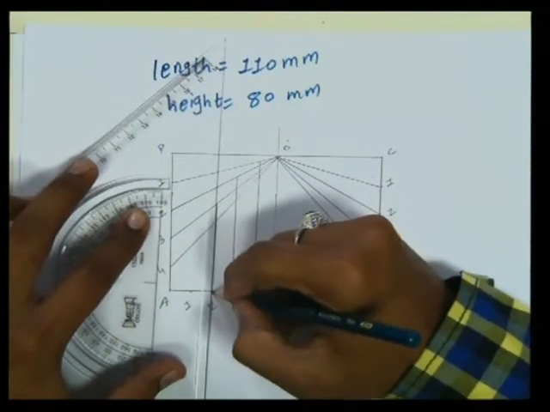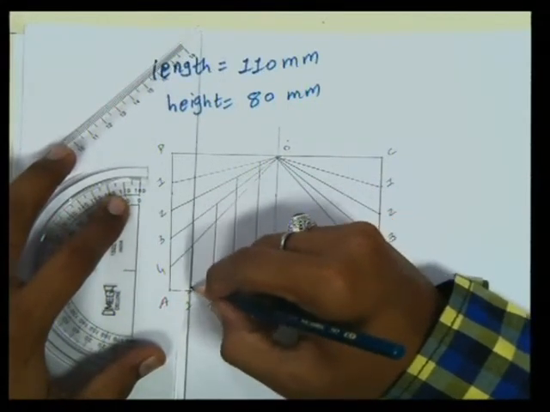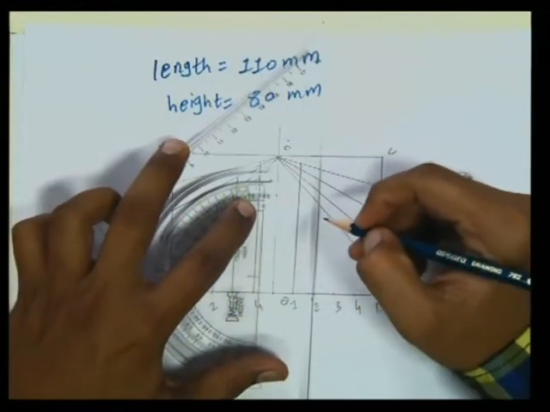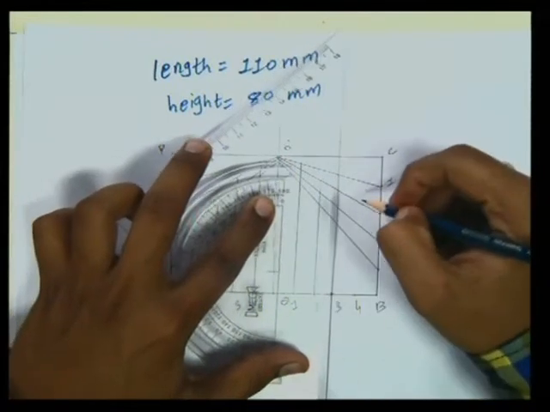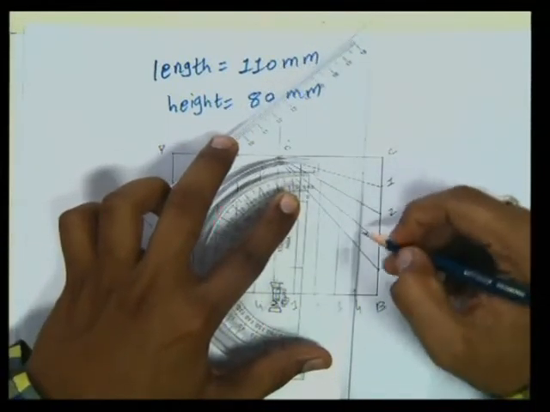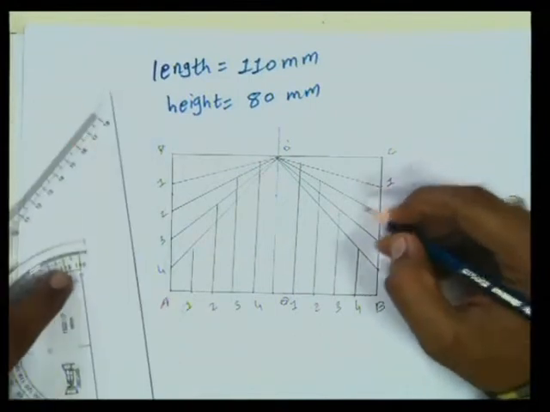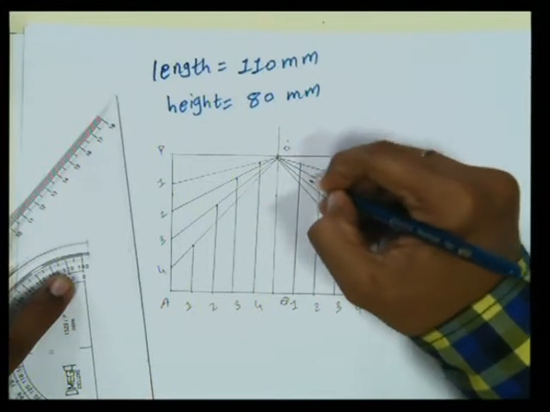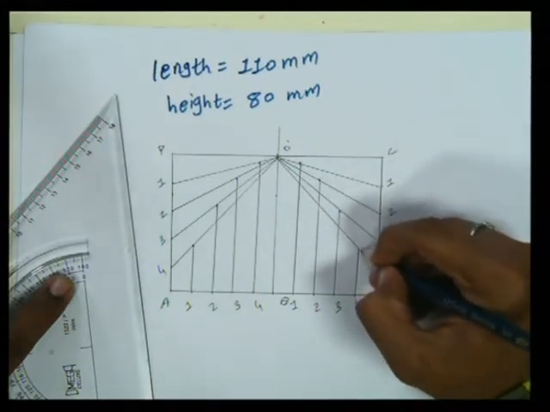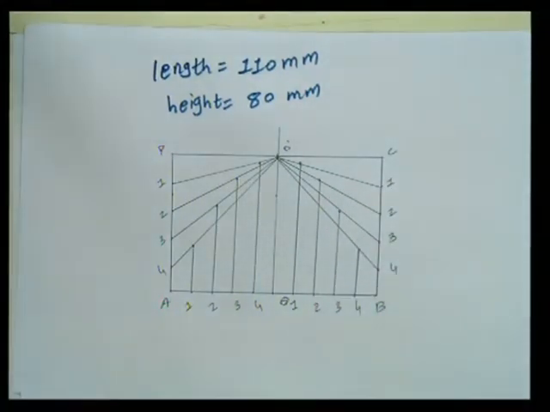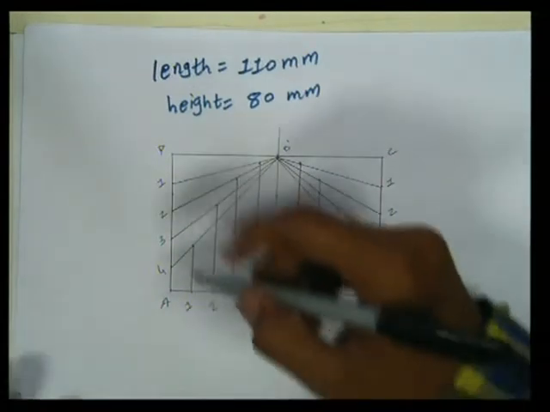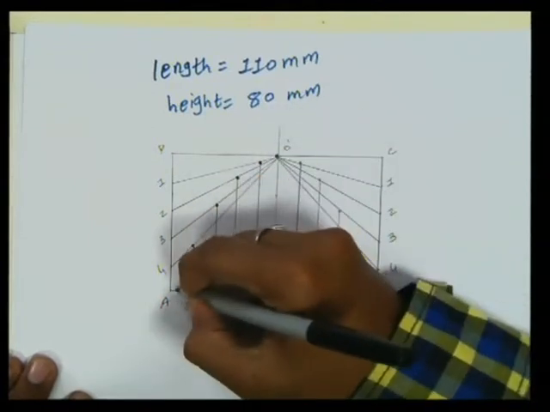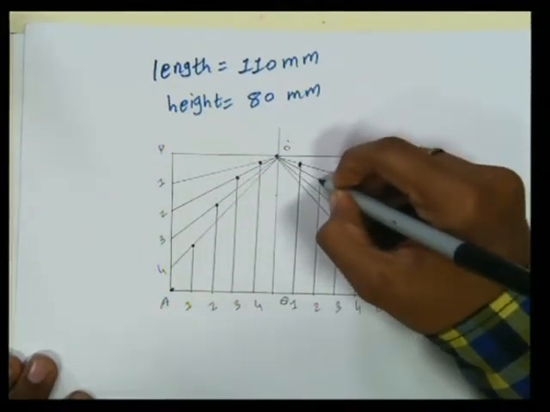One by one it will reach each line: 1 to 1, 2 to 2, 3 to 3 and 4 to 4. We have got the points which we need to join. We can join these points using either the French curve or manually.